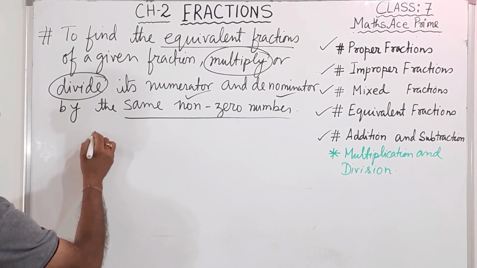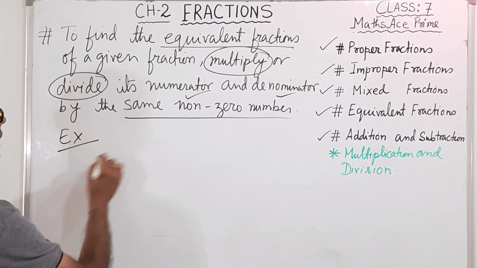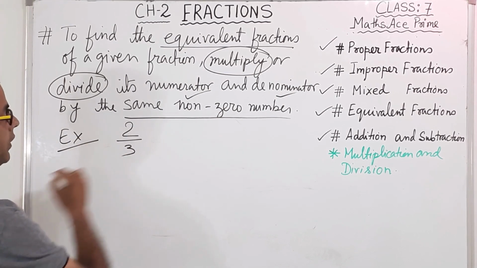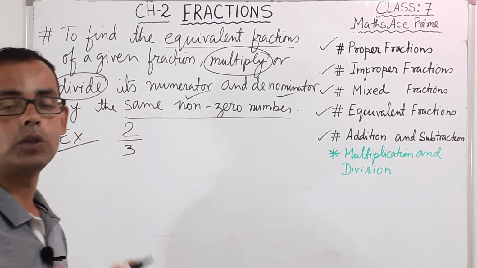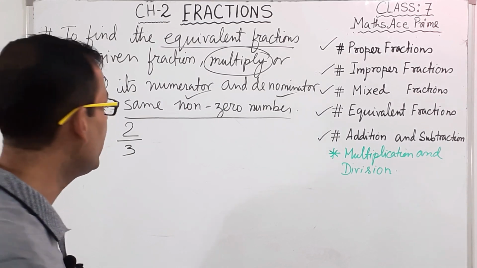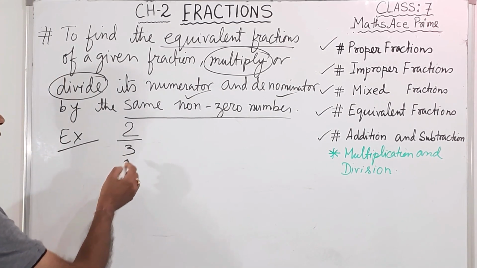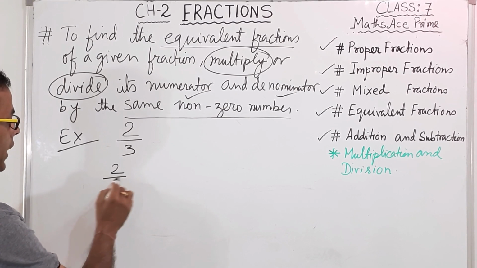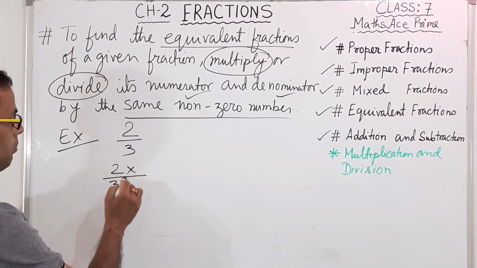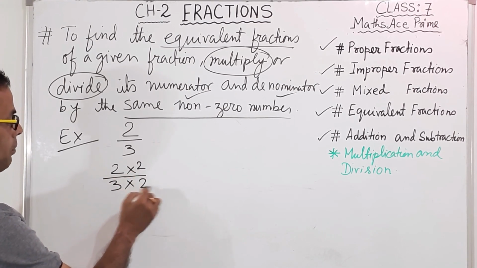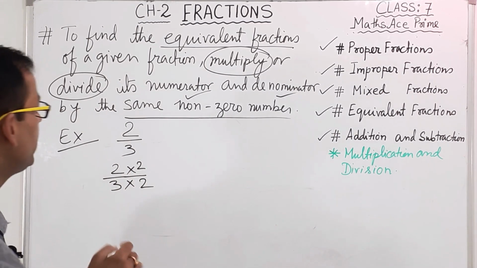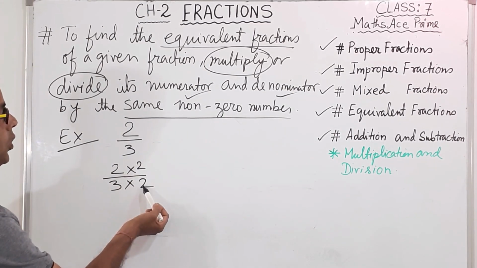Suppose I take, for example, 2 by 3. Now the question is to find two equivalent fractions of 2 by 3. Then what will I do? For 2 by 3, I will multiply up and down, that is numerator and denominator, with the same non-zero number.